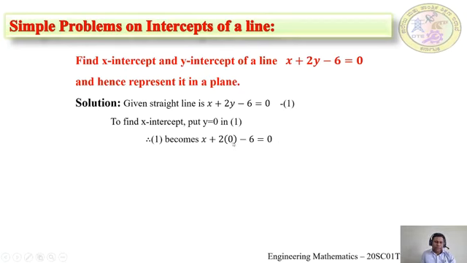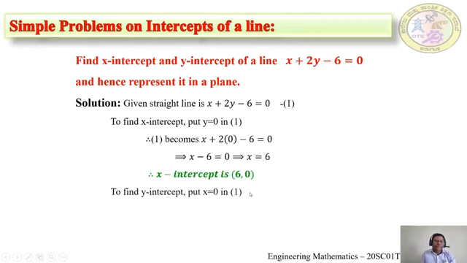If you simplify, 2 into 0 is 0, so x minus 6 equal to 0, which implies x equal to 6. Therefore the x intercept is (6, 0). Since we took y as 0, the x intercept is always denoted by (x, 0). Here x is 6, so (6, 0).